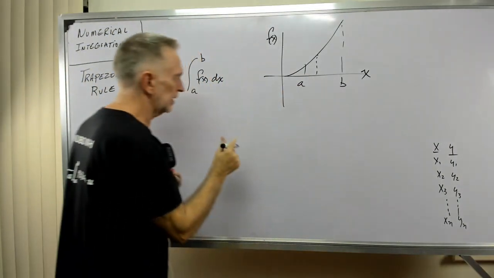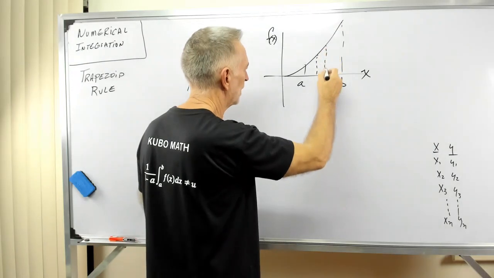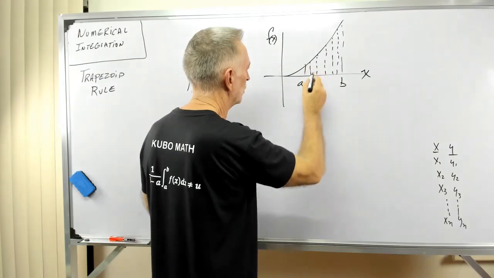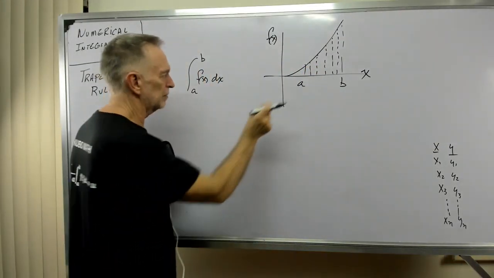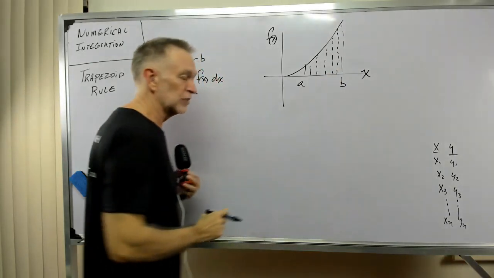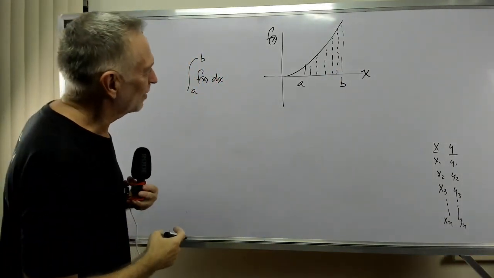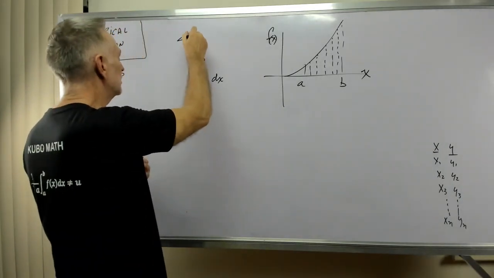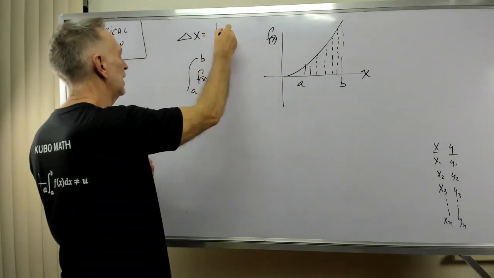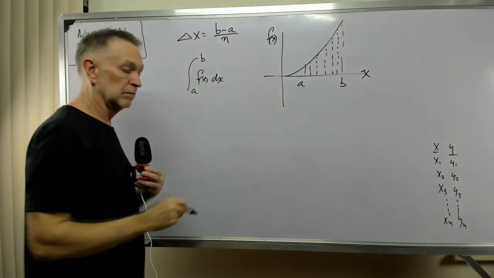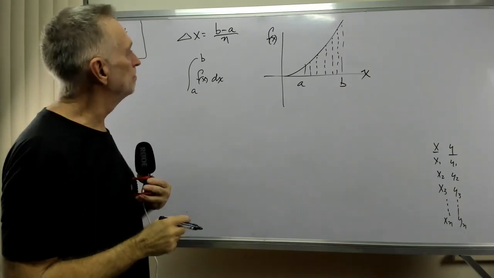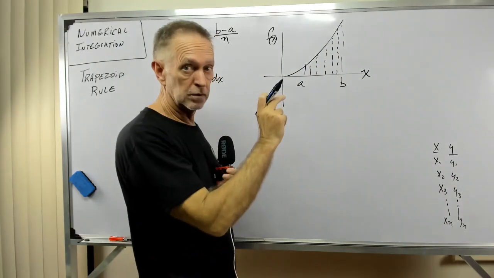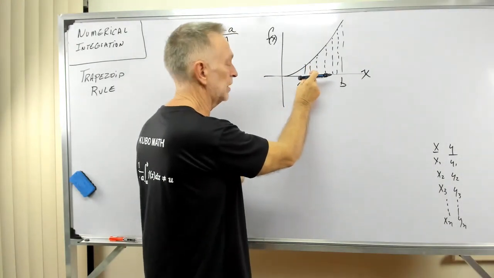Well, if we were to divide this, just like when we learned integration to start with, into various segments, and just imagine each one's the same width, my artistic ability is limited. If we said delta x was b minus a divided by n, that times f of x would give me the area in that particular box.